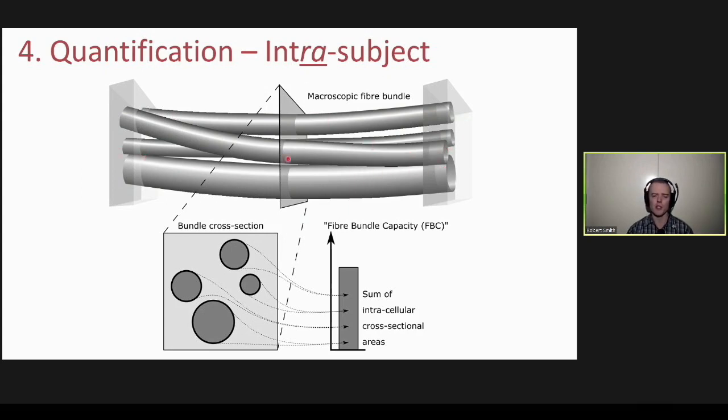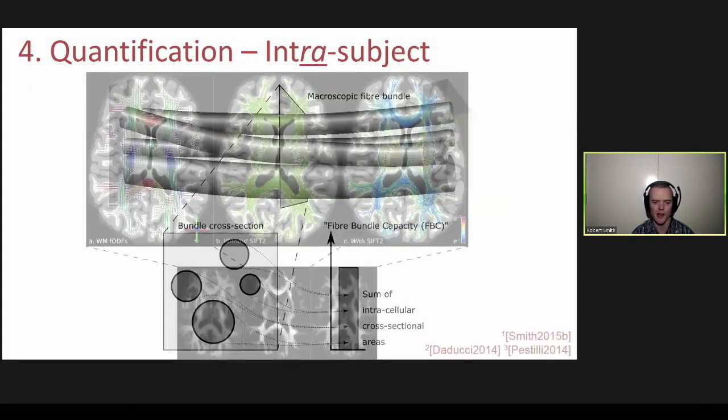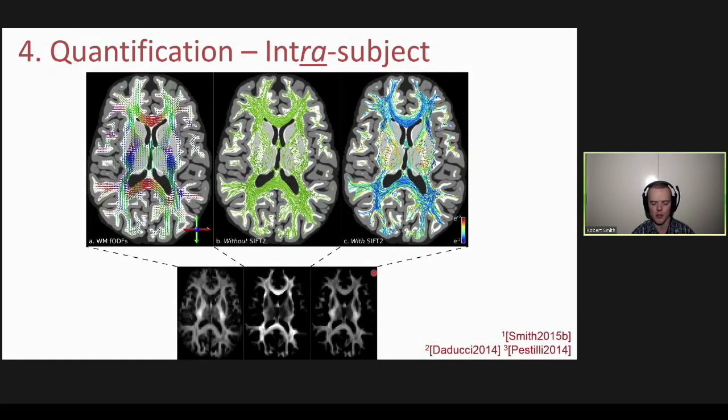If you take a cross-section through that bundle and then look at the intracellular cross-sectional area here, this is something that, at least within limitations, we can try to quantify, specifically because there are a lot of diffusion models that give us estimates of fiber intracellular volumes.